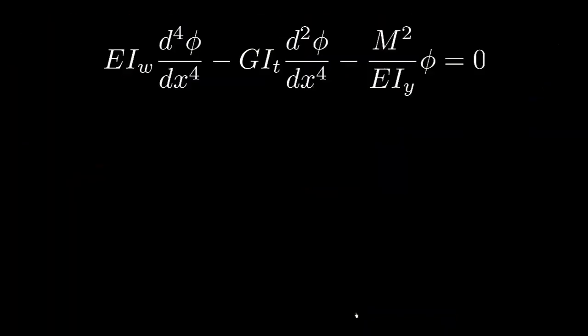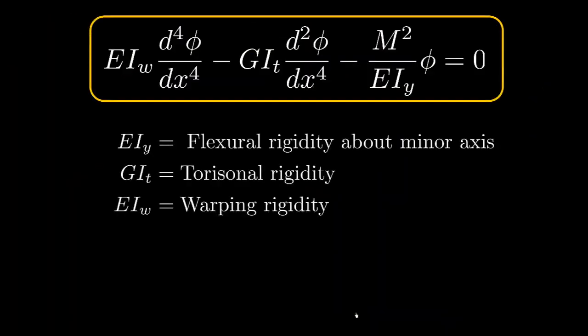So this is the same expression, and these are the terms. So EIY, that is basically flexural rigidity about the minor axis, that is y-axis, and GIT is the torsional rigidity, that is it tries to prevent the torsion, and EIW is warping rigidity, it basically tries to prevent the warping of the flange. Now we can solve this differential equation and we can find the critical moment.